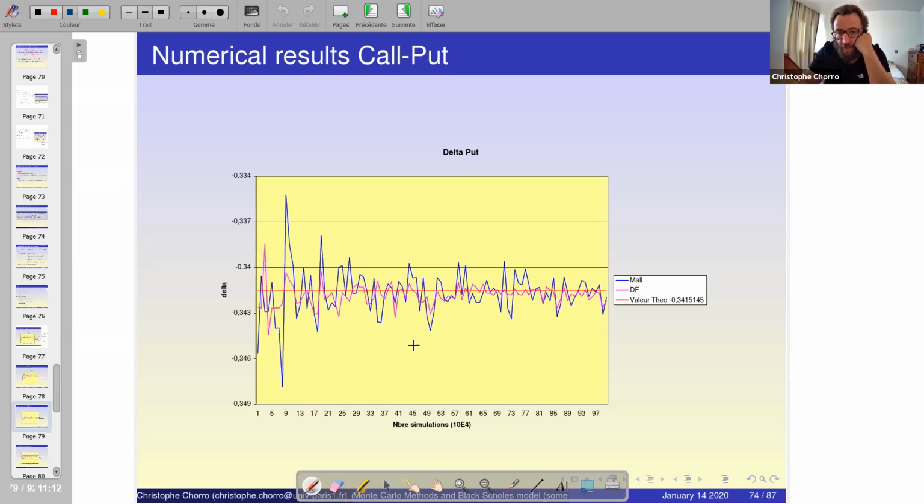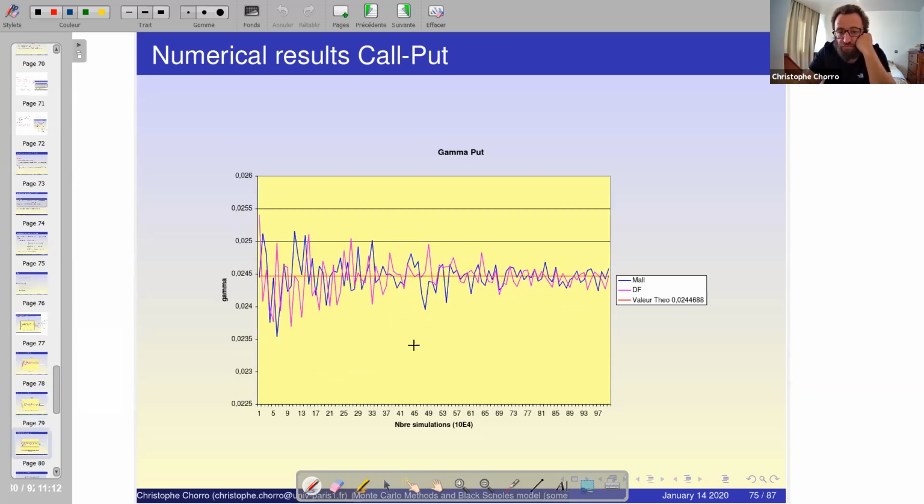And for the gamma, it is a little bit more complicated in the case of a put to distinguish between the two approaches. But once again, in the case of a put, my idea to use a weight in order to overcome the problem of using two sources of approximation doesn't seem to be very pertinent in the computation of the delta and the gamma of a call or a put option.